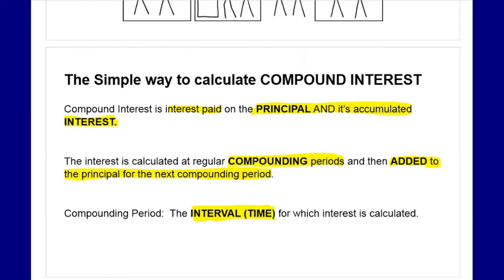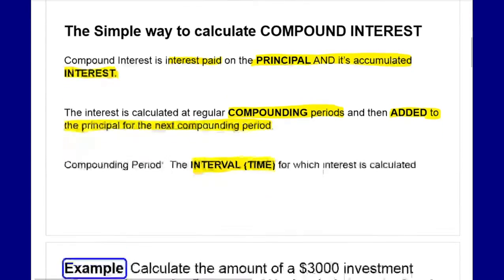Right? So in the previous example with simple interest, it was always looking at years. However, with compound interest, you may be compounding monthly, daily, weekly, bi-weekly, annually, semi-annually, right? So there's different intervals that we may be dealing with compound interest.